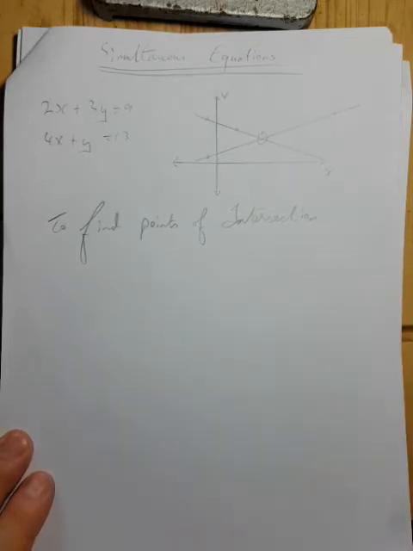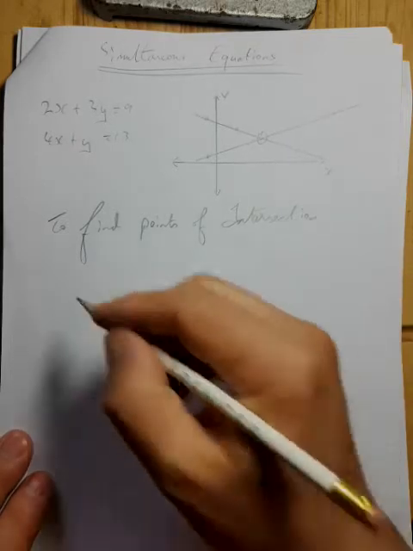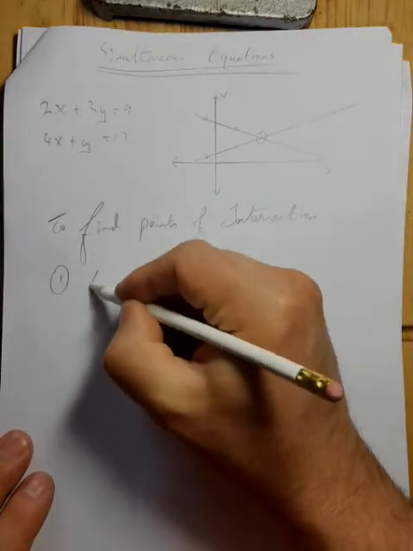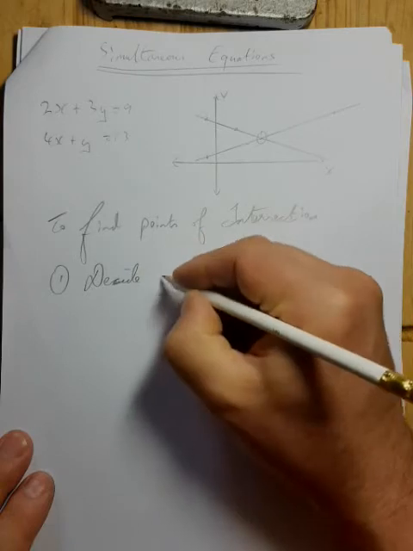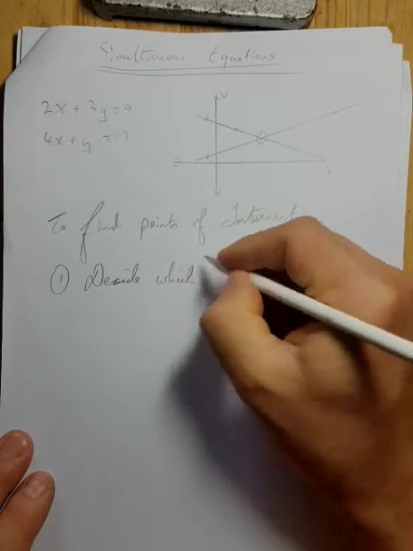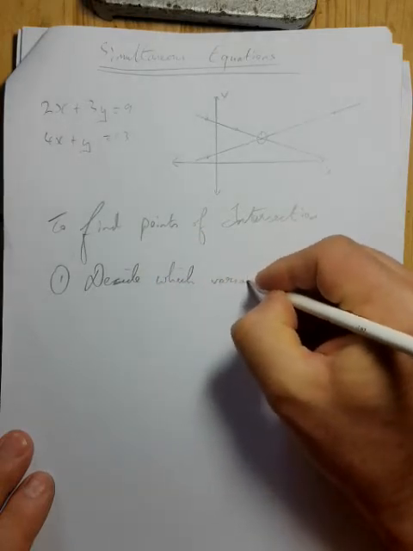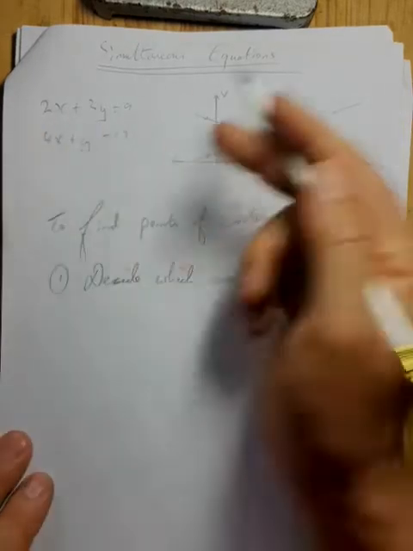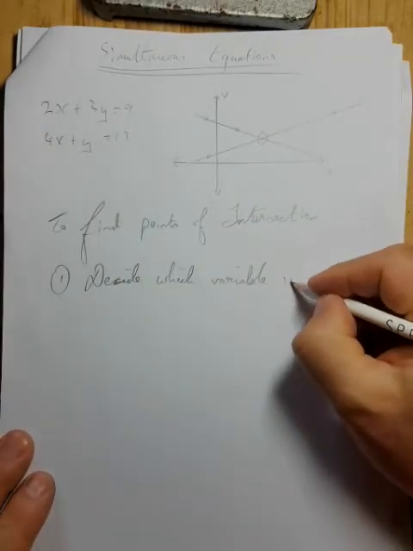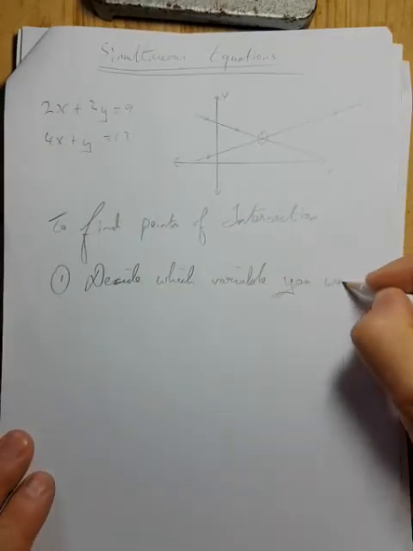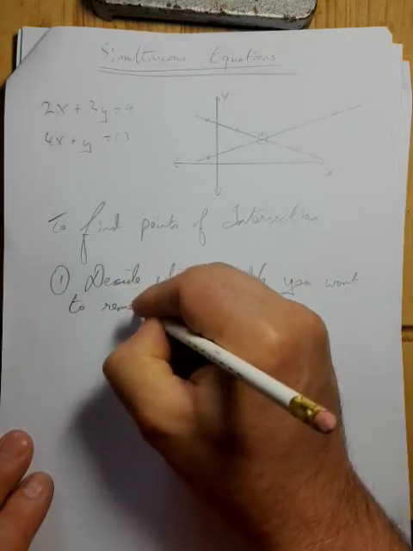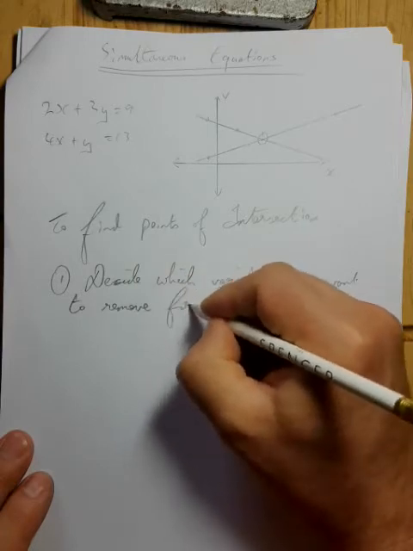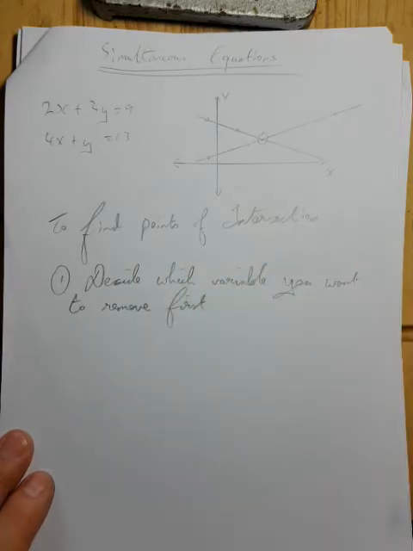Now, there are 4 steps that you need to remember to do simultaneous equations. If you carry out these 4 steps, you can solve them. Step 1, decide which variable, i.e. letter x or y, you want to remove first.